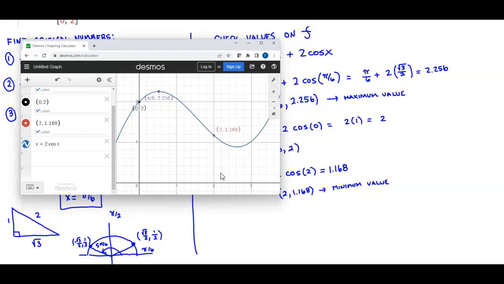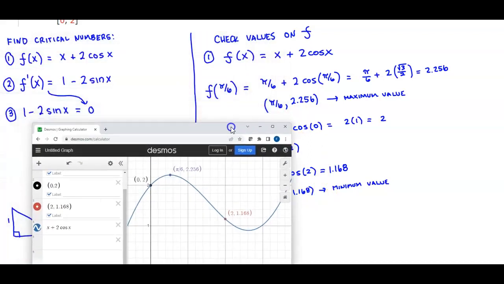You can see here that the maximum is what the critical value number tells us, 2.256. And between 0 and 2, we can see that this represents the minimum, which is 1.168.